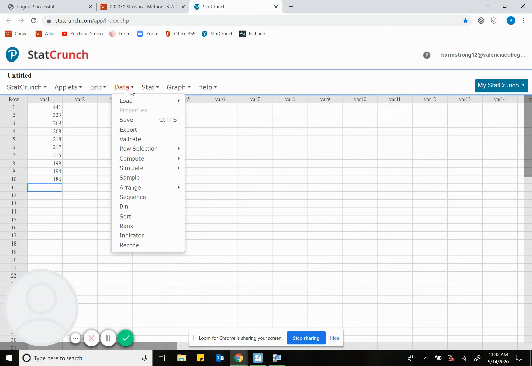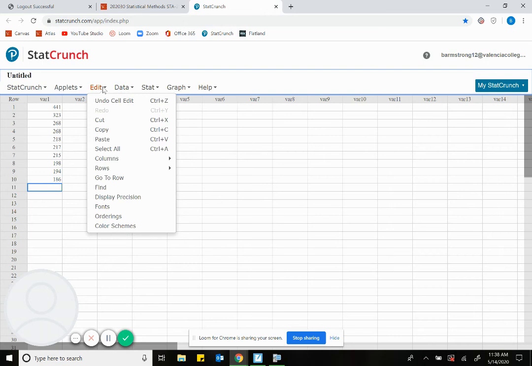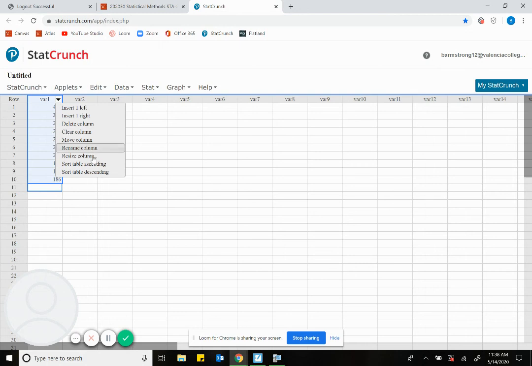Some things you can do. There is a way to sort it. Where did you go? Columns, Orderings, Sort table, ascending, descending. I knew it was somewhere.